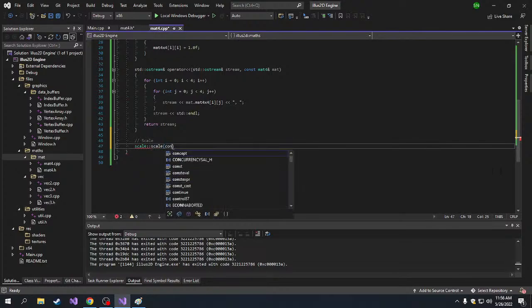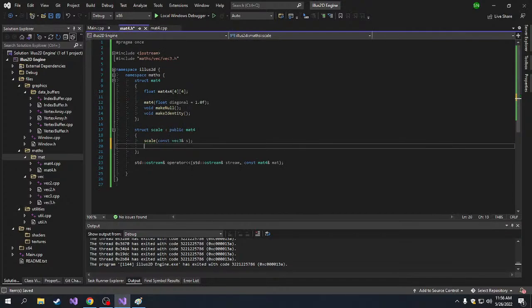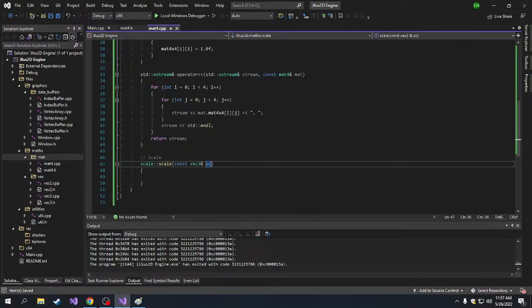Scale from the constructor. Const vec3 reference scale. S. I'll put some SC. And we'll just create the matrix.